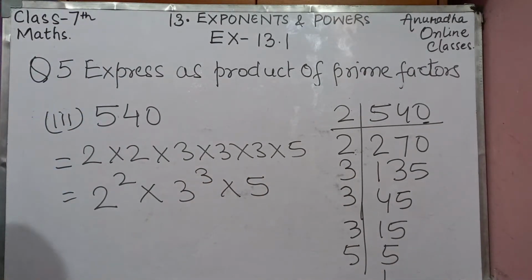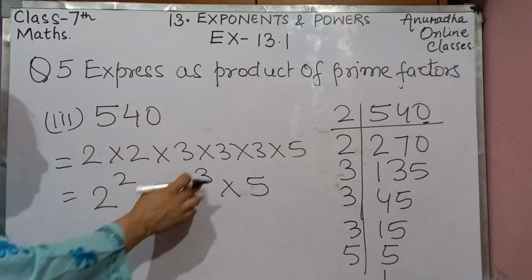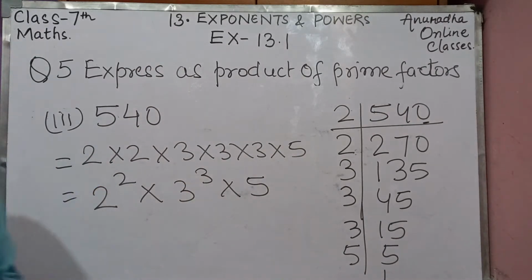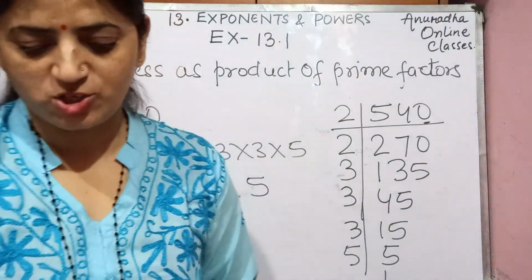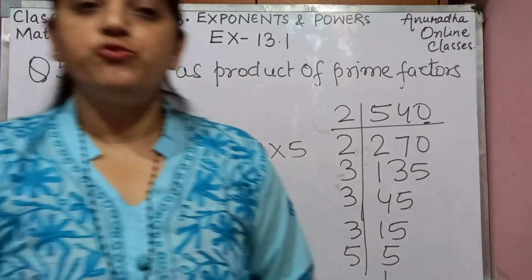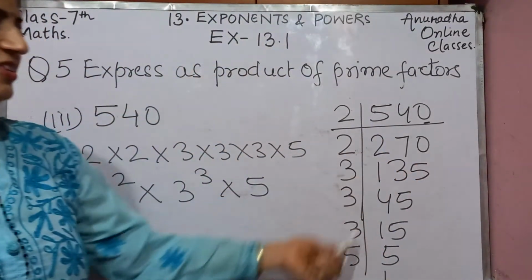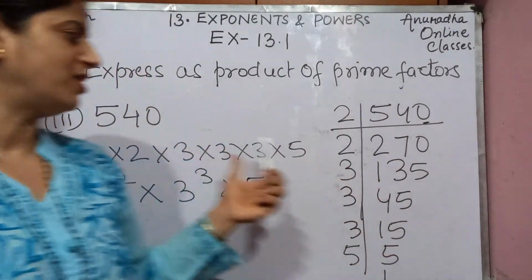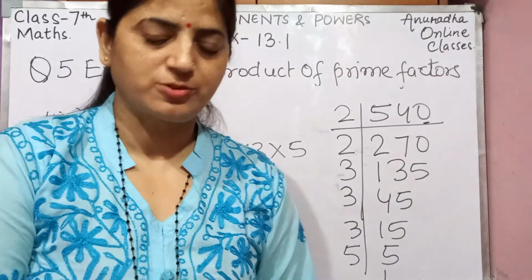So here is your product of prime factors, that is 2 raised to the power 2 into 3 raised to the power 3 into 5. So children, in this way you have to do question number 5. Fourth part I am just leaving for you, that is 3600. Same as before, find the LCM and you have to find out the product of prime factors. Okay, let's come to the next question.